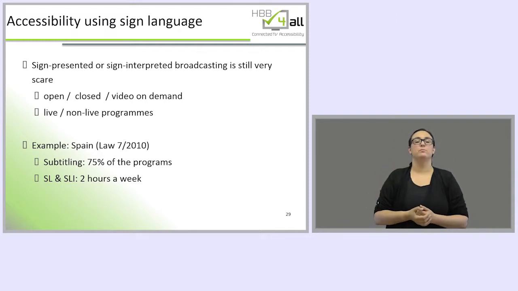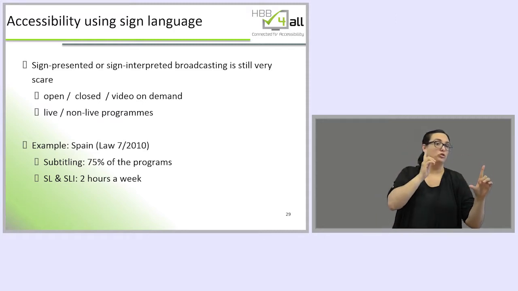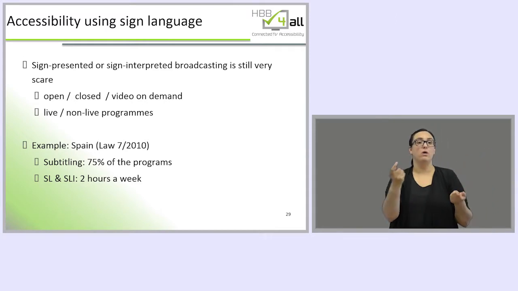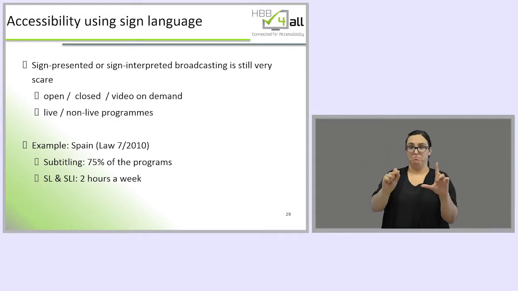But also if the service is an open service, so that everyone, the hearing people and the deaf people, see the interpreter and the sign version on the screen. If it's a closed service, people can turn it on when they want to and turn it off if they don't want to see the sign version on screen.